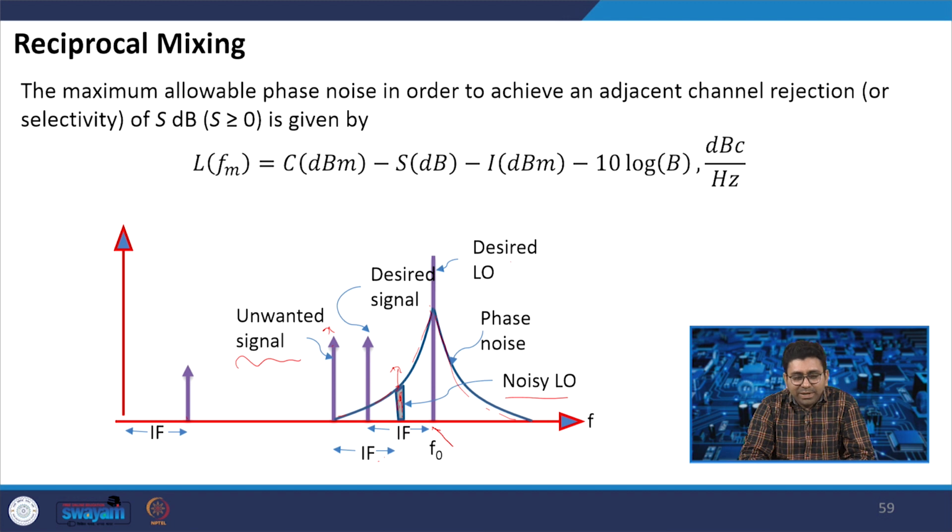So the maximum allowable phase noise when we are designing the oscillator, in order to achieve an adjacent channel rejection or a selectivity of S dB, can be given by this equation. Here L is the phase noise, equal to C in dBm minus S, that is the rejection, and I is the interference, and then this is the bandwidth.